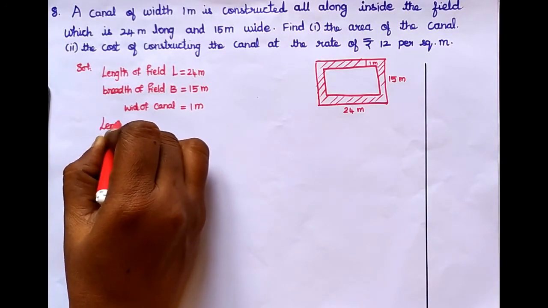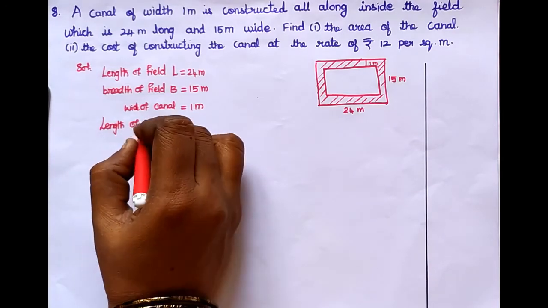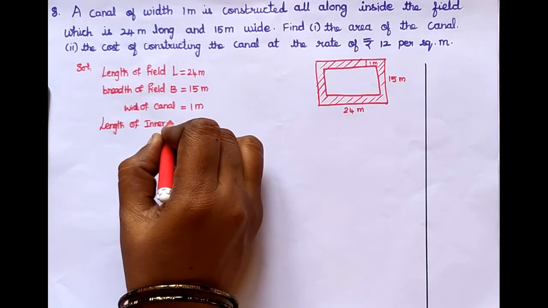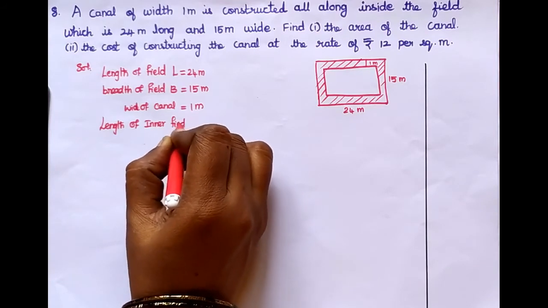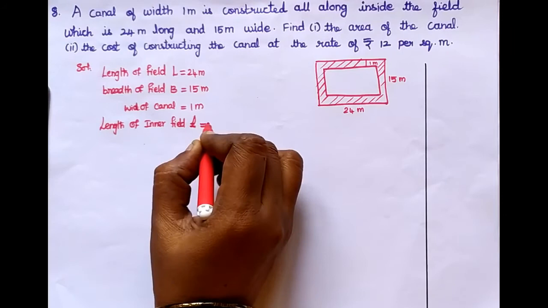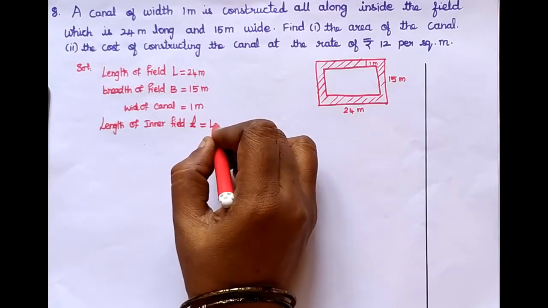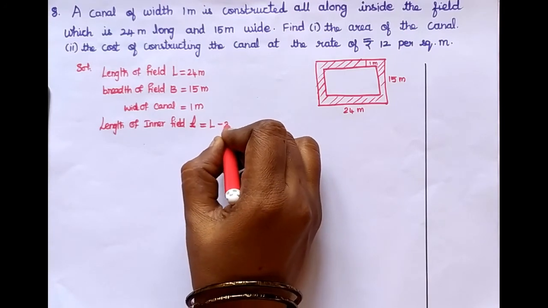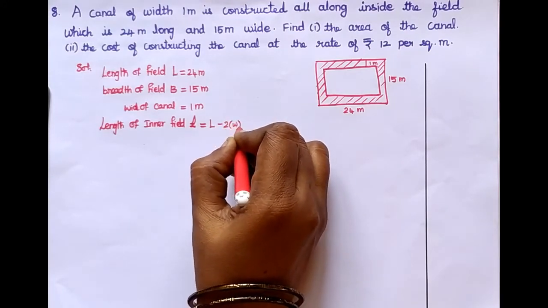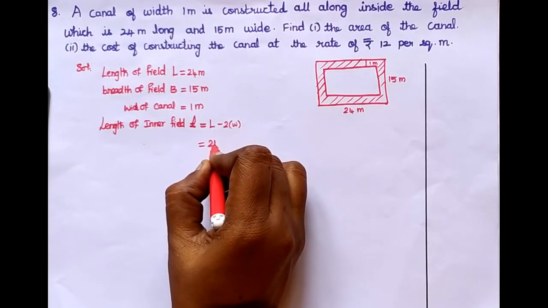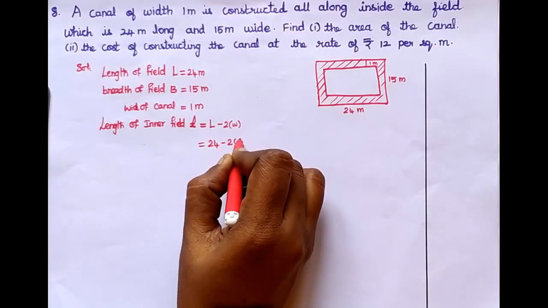Now the length of the inner rectangle, the inner field, small l equals length minus 2 into width, that is 24 minus 2 into 1.